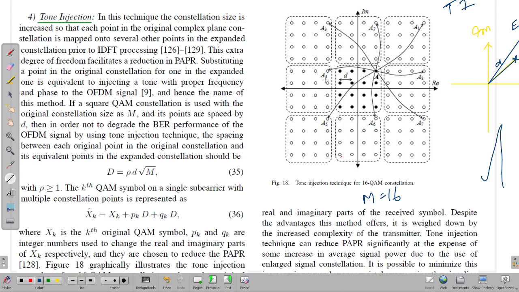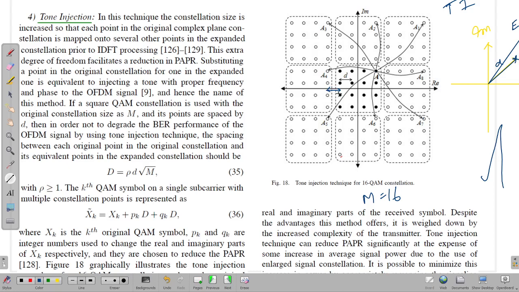This distance here is the distance between the point in the original constellation and the point in the extended constellation.